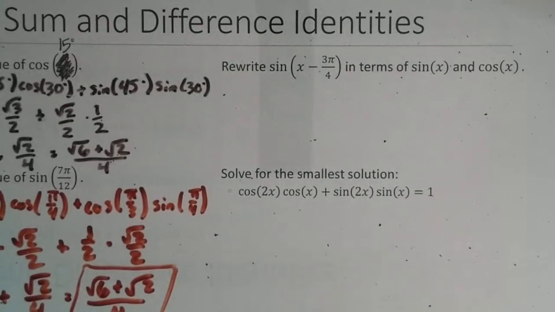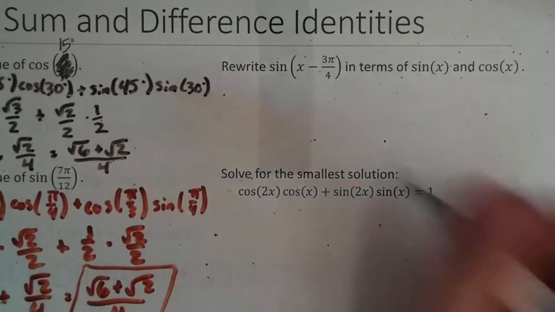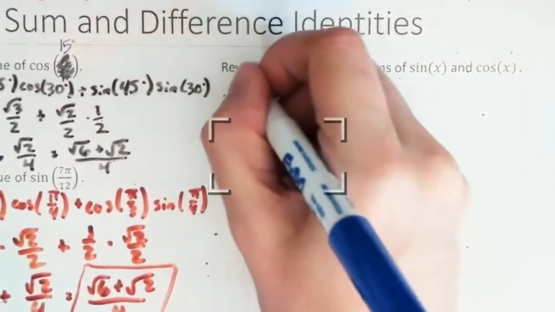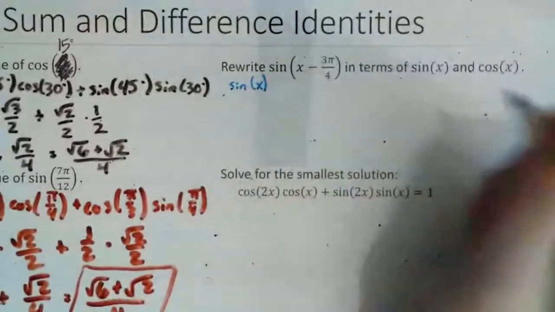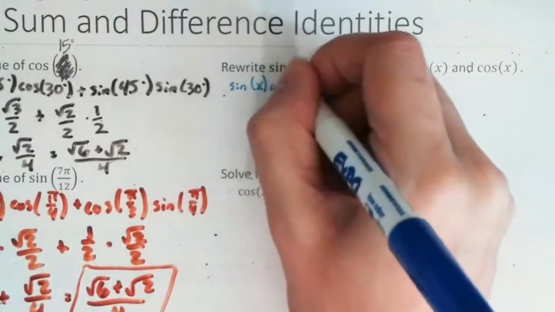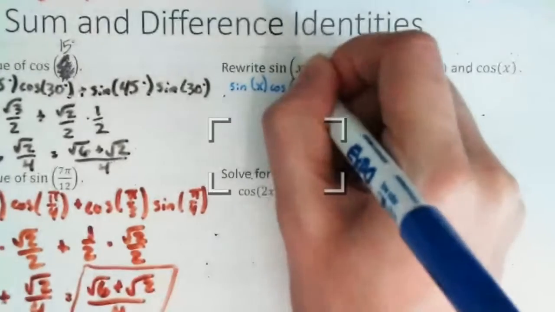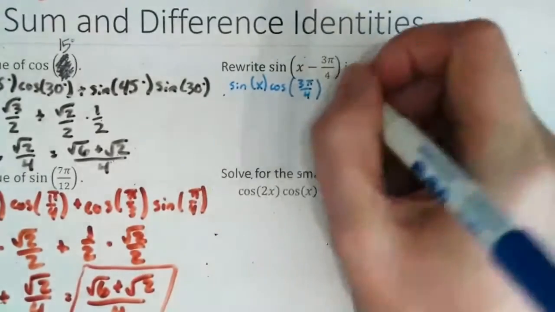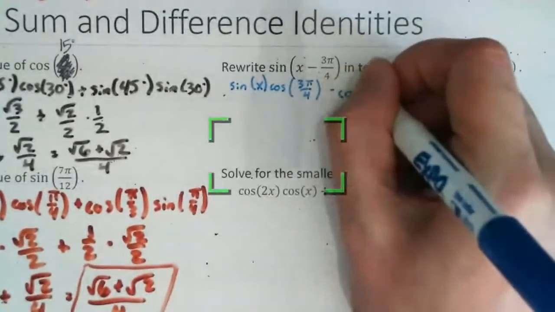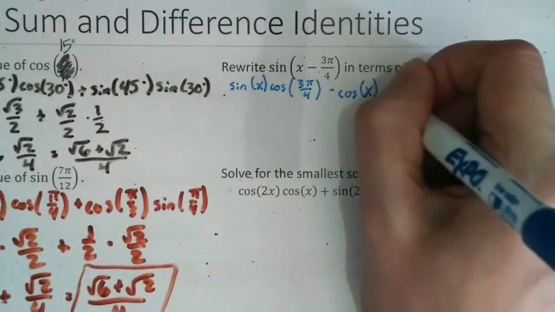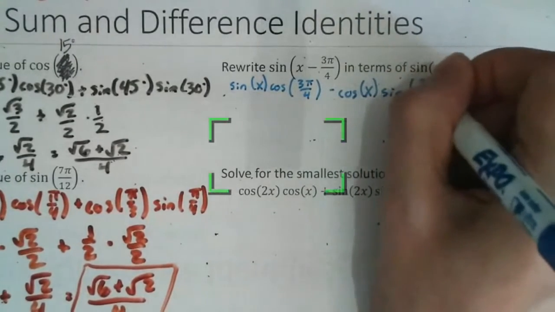So let's see what happens if I just plug everything in. So I get the sine of x times the cosine of 3 pi over 4 minus the cosine of x times the sine of 3 pi over 4.